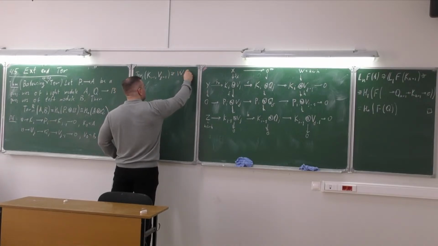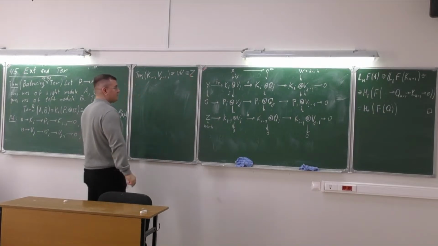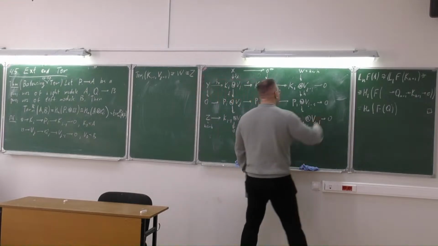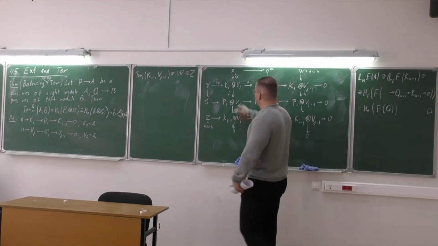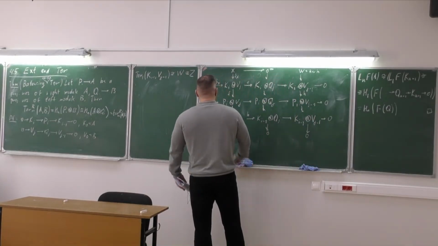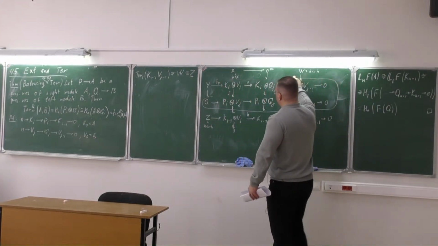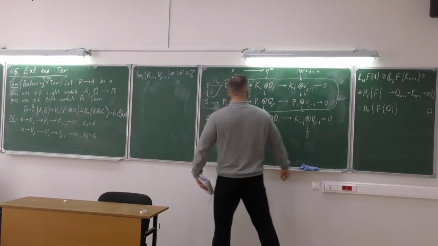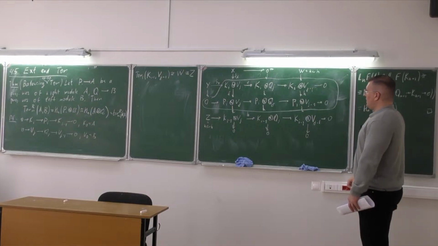So Tor_1 I can identify with the W. And then I also claim that W is the same thing as Z. To understand that W is isomorphic to Z, you do the following. You, for example, isolate part of this diagram. So you look at this part of the diagram, and to this you can apply the snake lemma, right?